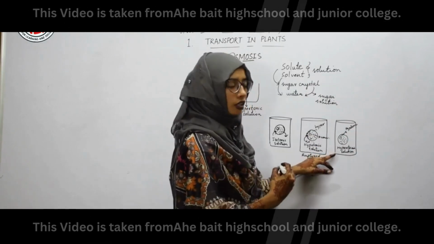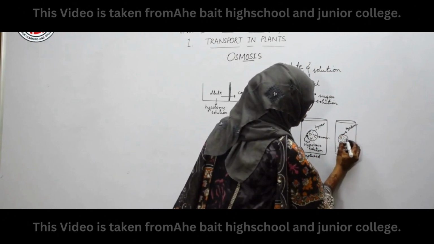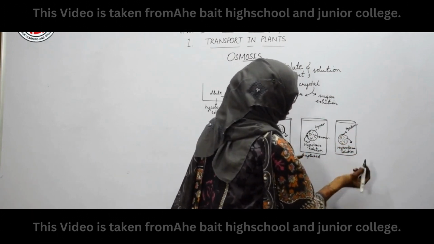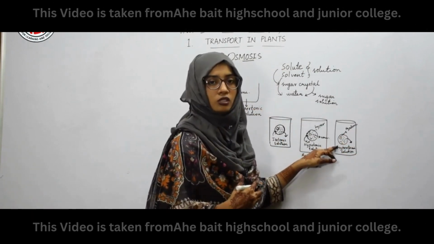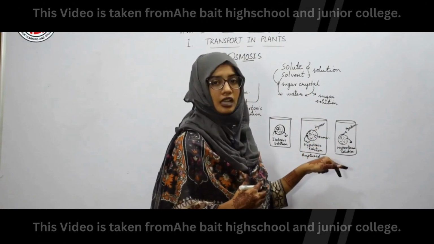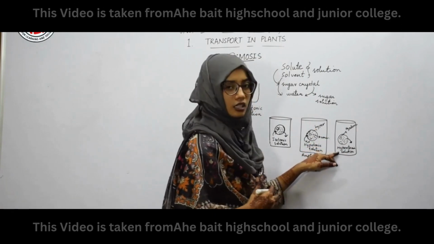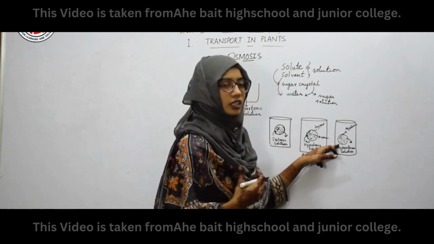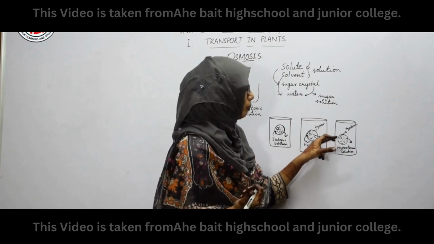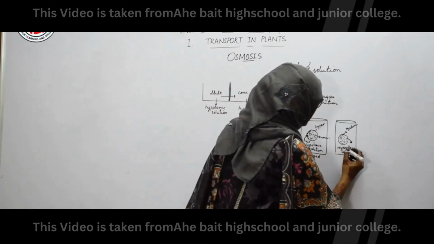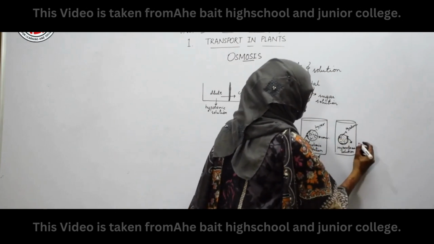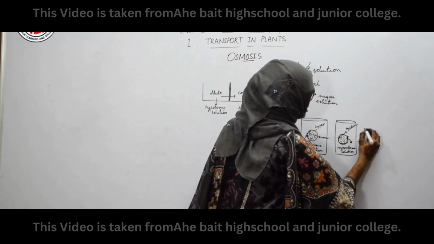We know that water moves from hypotonic to hypertonic. Therefore, the water molecules come out of the cell into the hypertonic solution. Due to this, the cell shrinks and becomes flaccid, or we can say crenated.